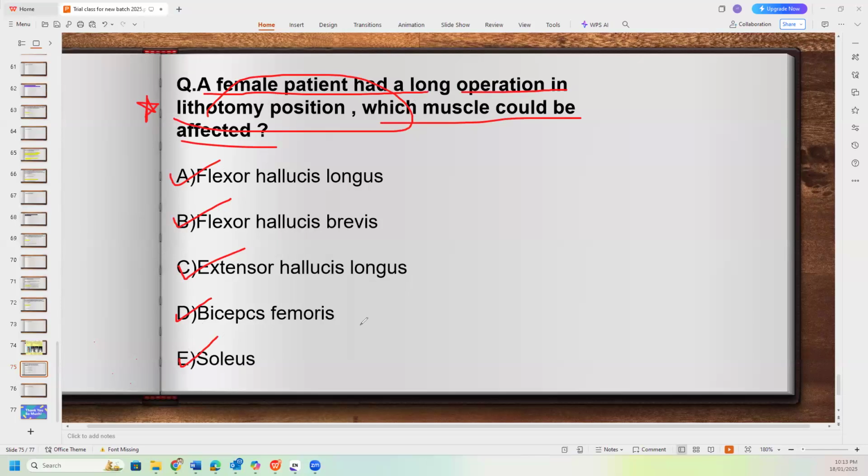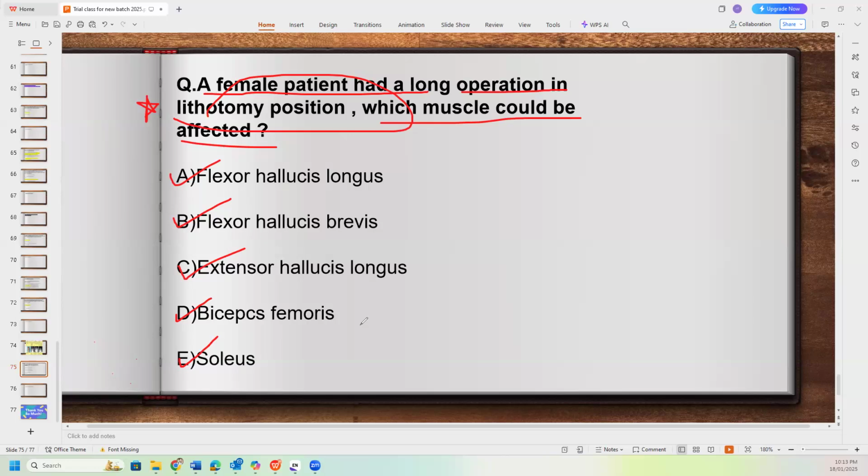Dr. Maria, lithotomy position, biceps is not present in the lower limb. So lithotomy position damages which kind of nerve? Which nerve is damaged in lithotomy position? Common peroneal nerve.